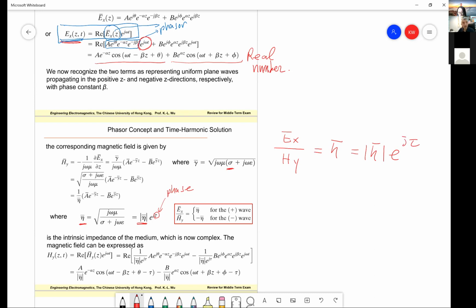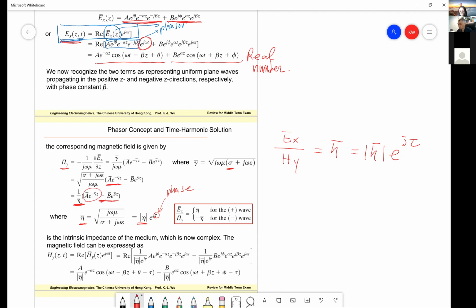In other words, if we know the electrical field, to convert into magnetic field we take the electrical field, A and B: the wave propagating in the positive z direction divided by the intrinsic wave impedance, plus the wave in the opposite direction, but this time with a minus, also divided by the intrinsic impedance.